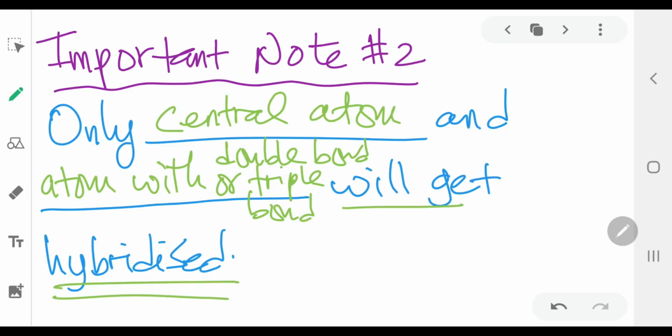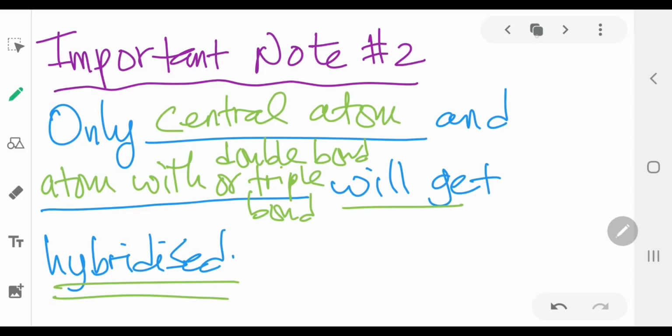Okay, so you need to remember that. Most of the time, your terminal atoms will not get hybridized. So we can look into those kind of examples in another video, but for now, it's very important for you to know how we are producing hybrid orbitals.